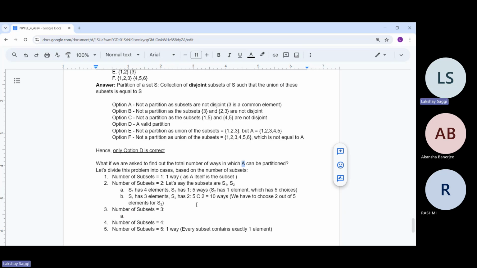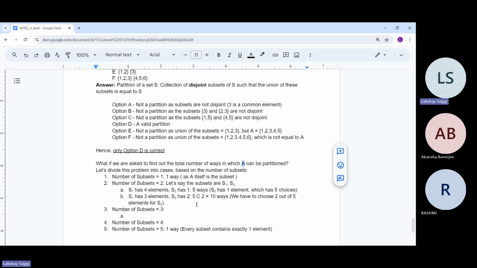So let's say the subsets are S1, S2, and S3. Right. So let's just assume that the number of elements in S1 will always be greater than or equal to S2, which will be greater than or equal to S3.